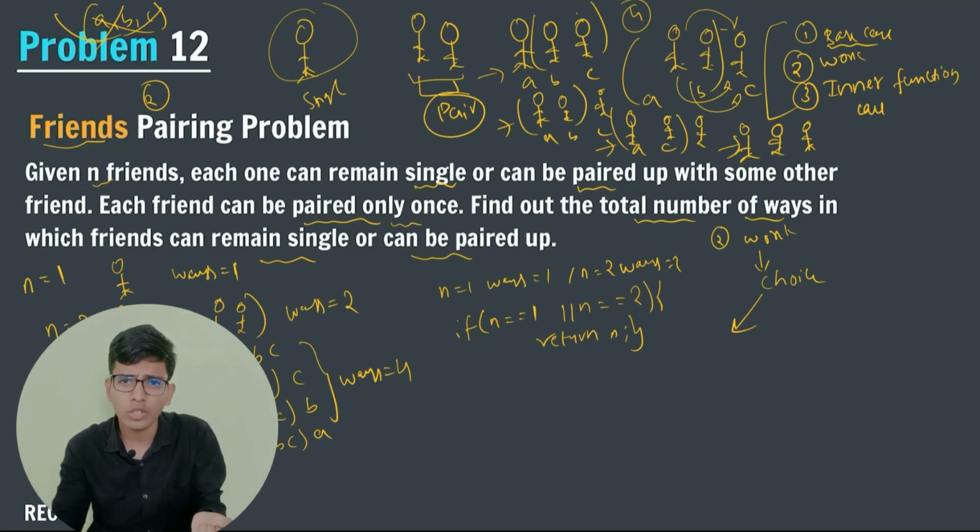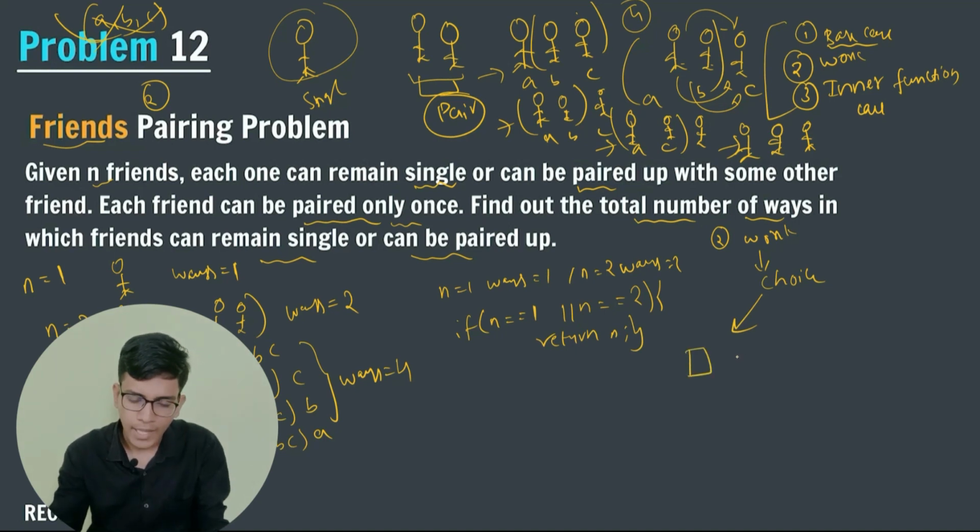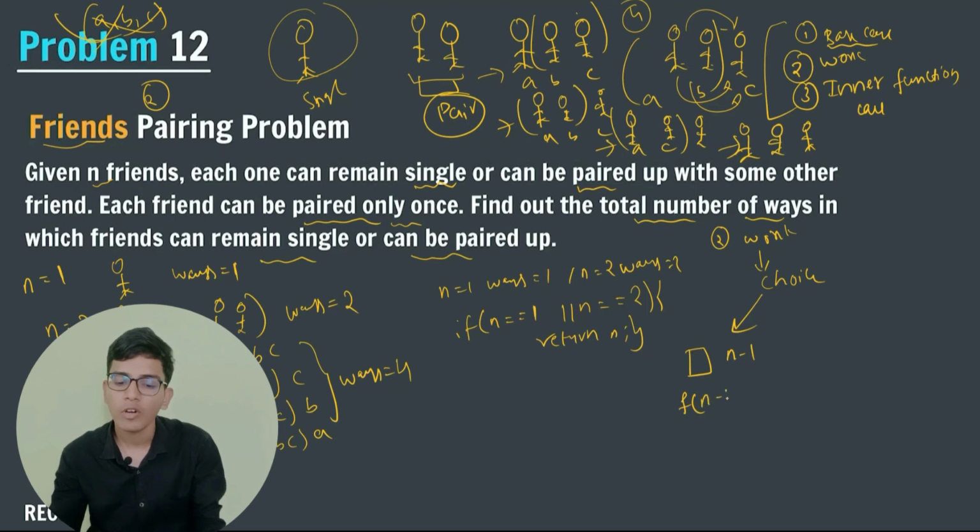If he chooses to remain single, then the number of people will be n minus 1. So I need to find out for n minus 1 people how many ways are possible, and I can remove this person because he wants to remain single. If a person wants to be in a pair, then he will pair with another person, and the number of people left will be n minus 2, or in other words I can write f of n minus 2.